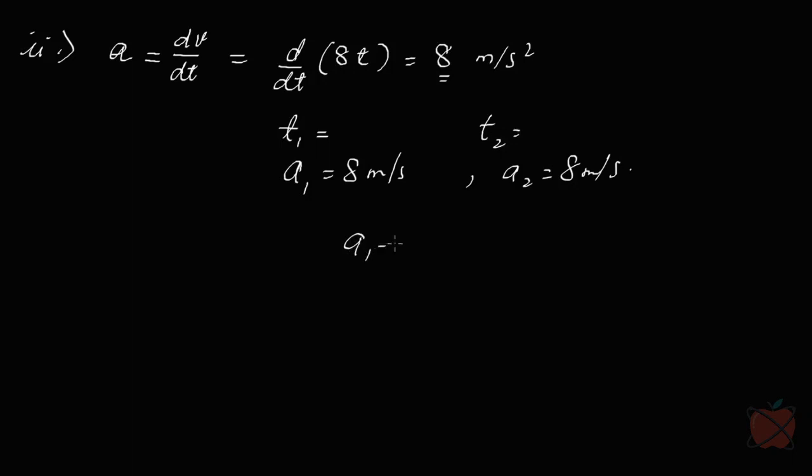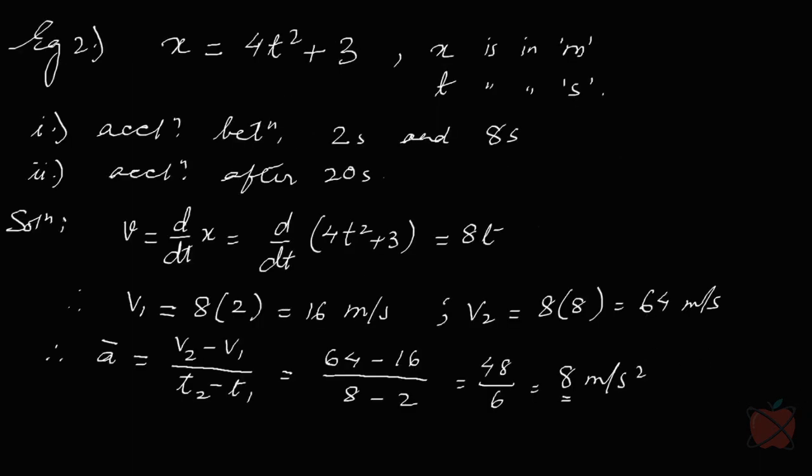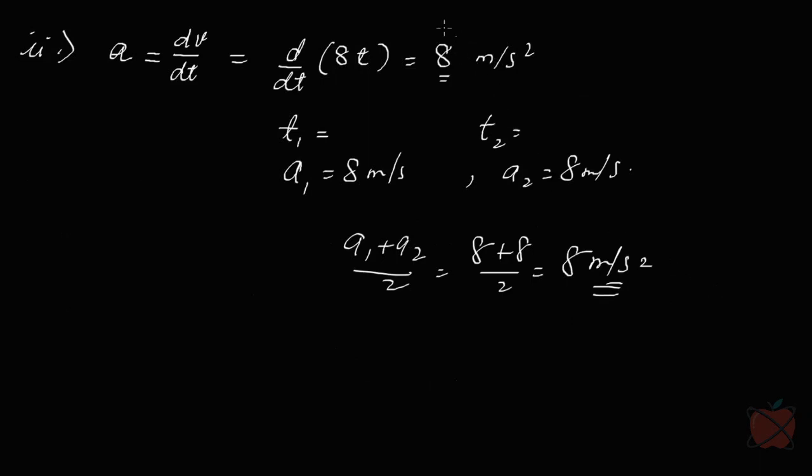The average will be a1 plus a2 divided by 2, and again this will be 8 plus 8 divided by 2, which is 8 meter per second square, right? So that is why we are getting the average here also as 8 meter per second square. Are you clear? One thing you have to note, that if there is no time involved in the expression for the acceleration, it means that the acceleration is a constant acceleration.